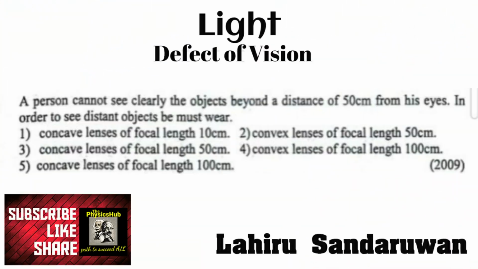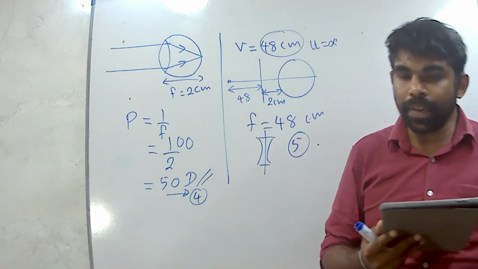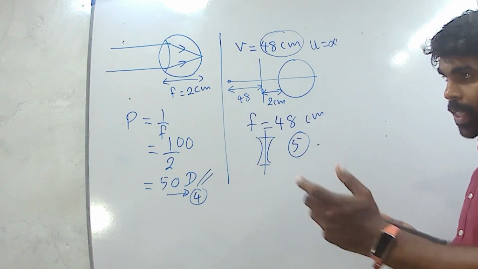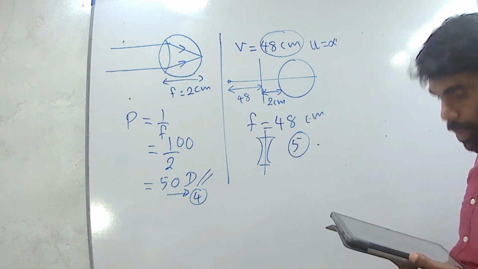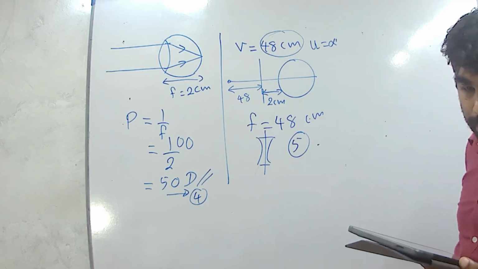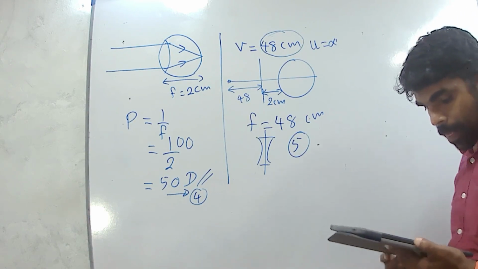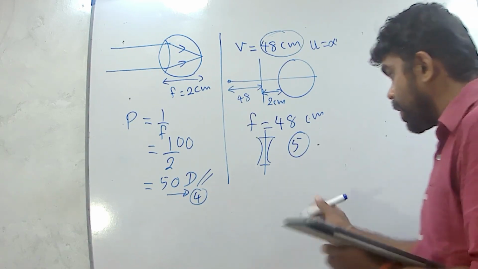Answer is 5. A person cannot see clearly objects beyond the distance of 50 centimeters from his eye. In order to see distant objects, he must wear? The image should be formed at 50 centimeters by using the object at infinity. Therefore, focal length should be 50 centimeters and it should be a concave lens. It is like this. Then answer should be 3.